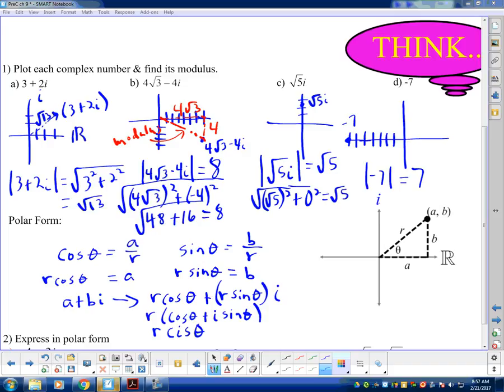But R cis theta is our shorthand for R cosine theta plus I sine theta. So you can use either form. I accept both. But use R cis theta if you'd like to, because the form is the same every time. It's always cosine theta plus I sine theta. What changes each time? R and theta is what changes. That's it. So if you'd like to write it in that shorthand, you can.